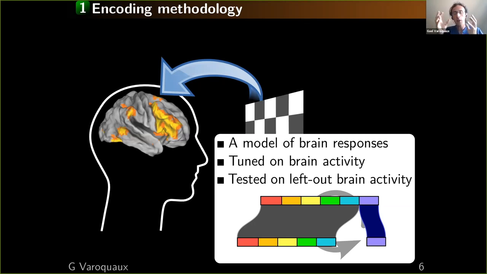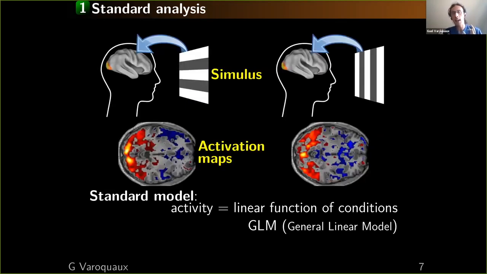So if we think about standard analysis, it's actually not that different. The way standard analysis really works is that we have stimuli, so elementary psychological manipulations. We could have, for instance, one stimuli, a horizontal checkerboard, and another stimuli. And we're going to model the brain response to the stimuli. We're going to model it using a linear model.